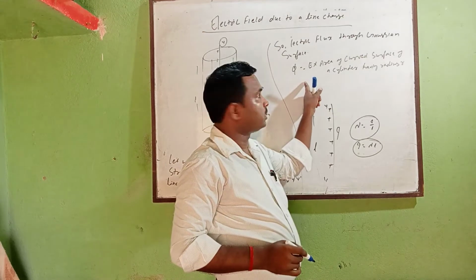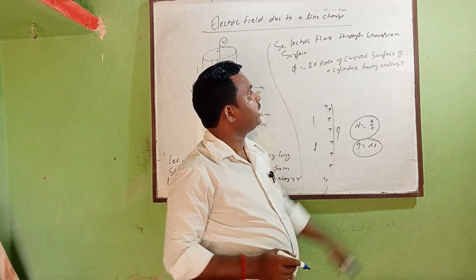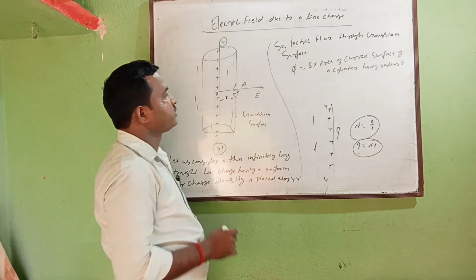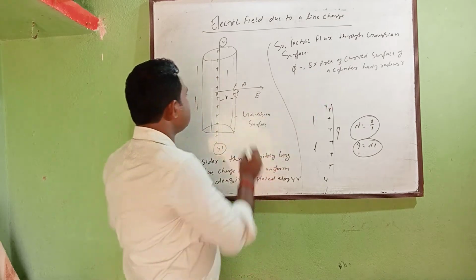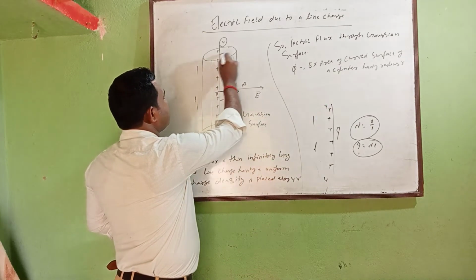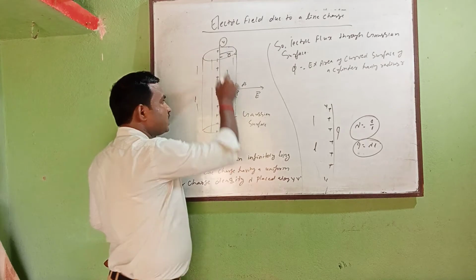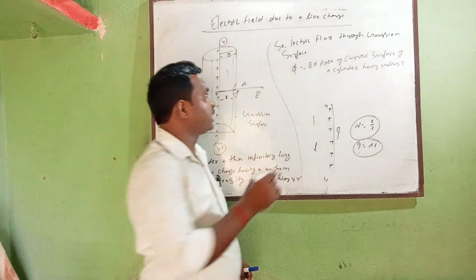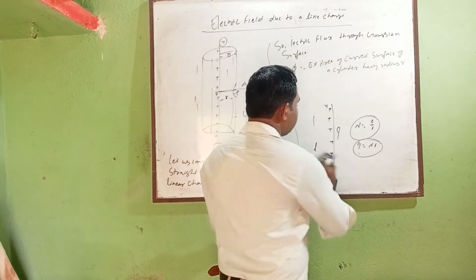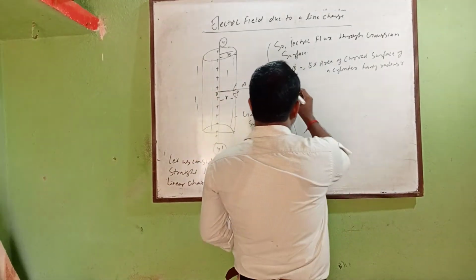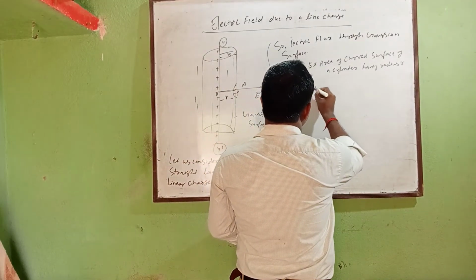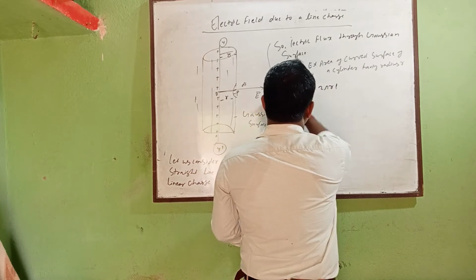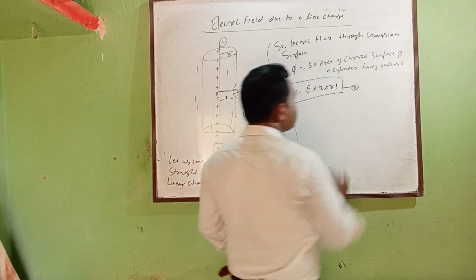So you can write phi is equal to E into the area of the curved surface of a cylinder having radius r. Here is radius r, and it forms a cylinder. The area of the curved surface gives phi is equal to E into 2 pi RL. Put this as equation 1.